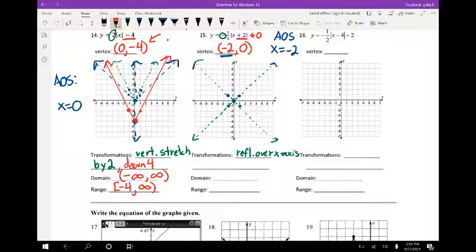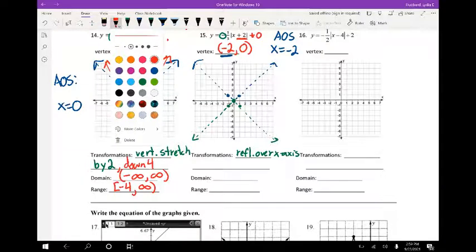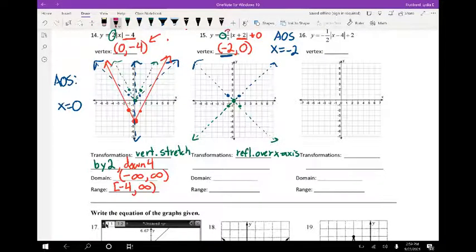Then we should hopefully move to the next one. So the next one we should see is this 1/3. So we need to remember that 1/3 is less than 1. So that means that this is a vertical compression by 1/3.